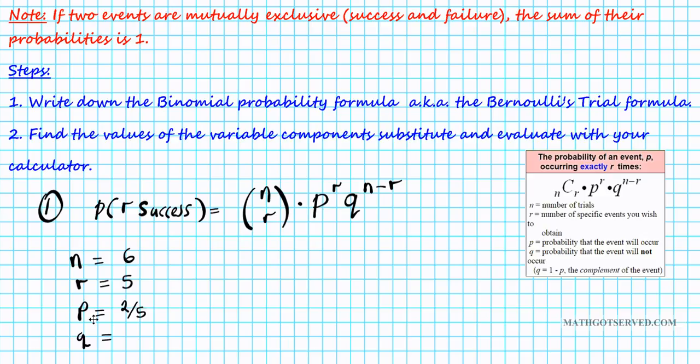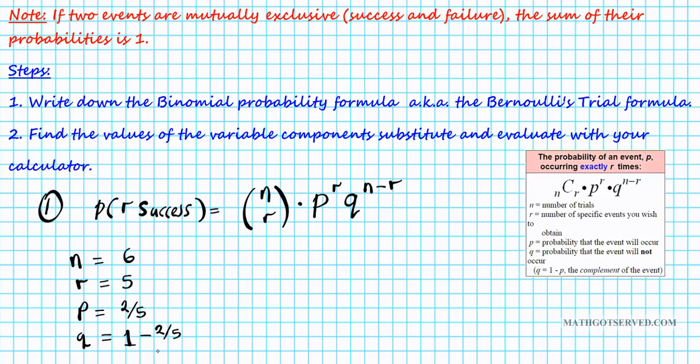You remember that the probability of success plus the probability of failure adds up to 1. So if 2 over 5 represents the probability that she'll be a catcher, the probability that this event will not occur will simply be 1 minus 2 over 5.